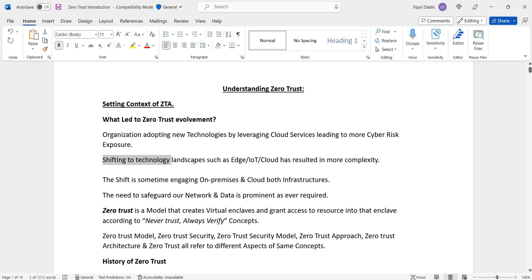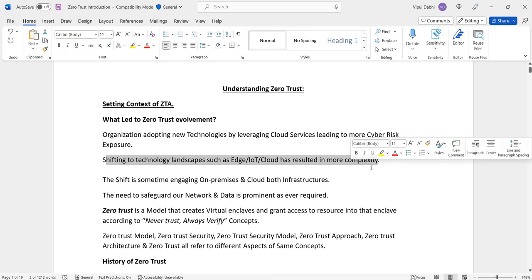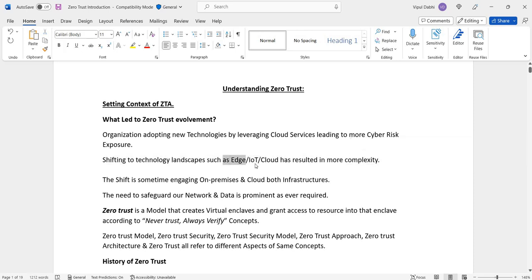Shifting to technology landscapes such as edge, IoT, cloud has resulted in more complexity. When we move to edge, IoT, cloud, and other emerging trends, it always results in more complexity. More complexity leads to more risk, and hence we need to protect ourselves against it. So this is why this concept came into the picture, or why it evolved, right?